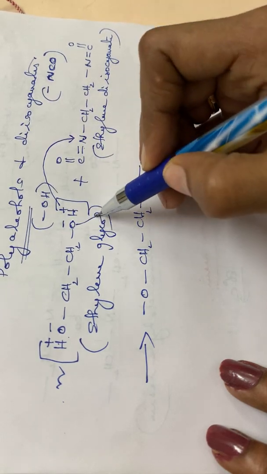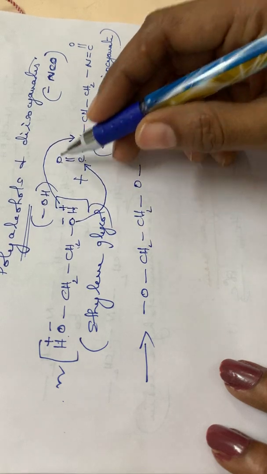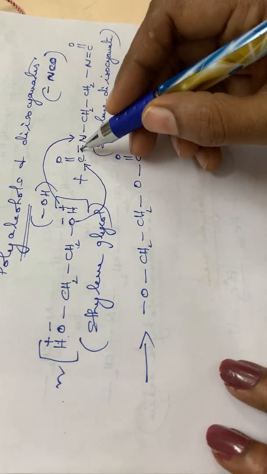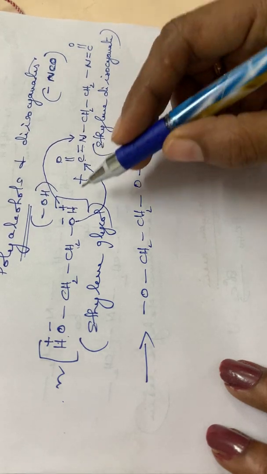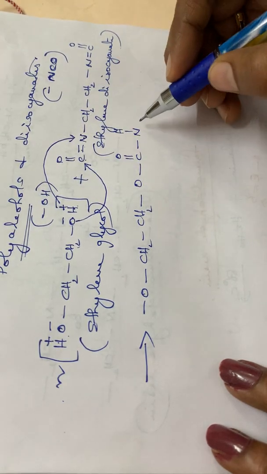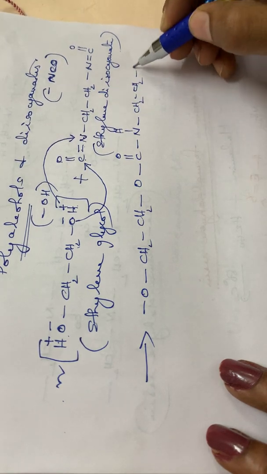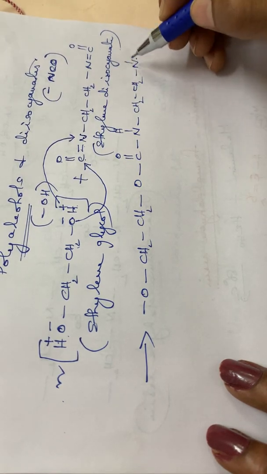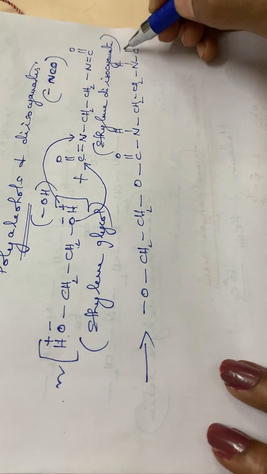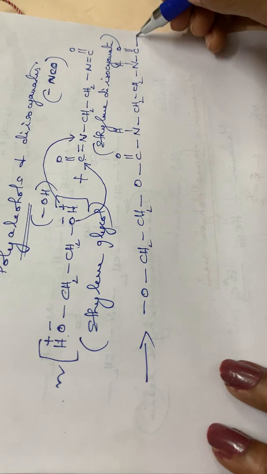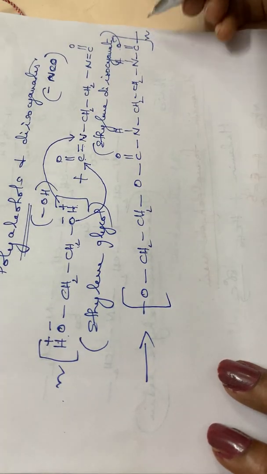So this O minus will be attached to this carbon atom, so it becomes O, C double bond O, then here a single bond NH, isn't it? Hydrogen will be attacking this nitrogen atom: NH, single bond CH2, single bond CH2, again N, as in the previous case NH, then C double bond O. Again the bond will be there as polymerization takes place.